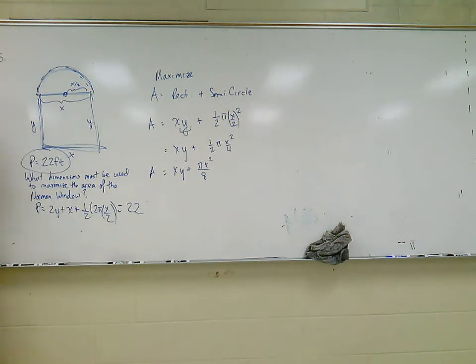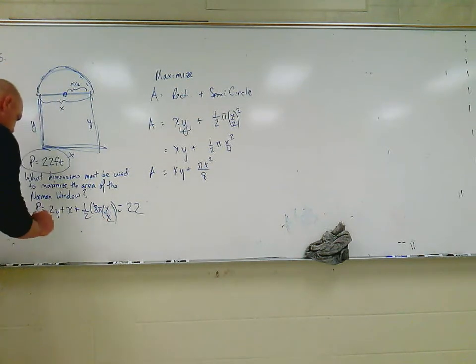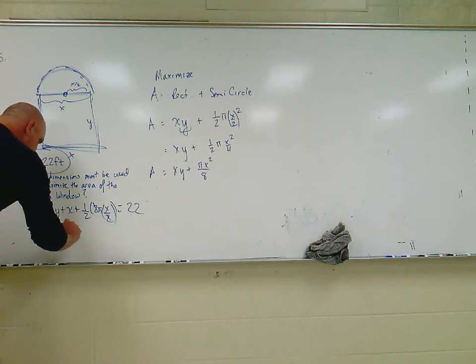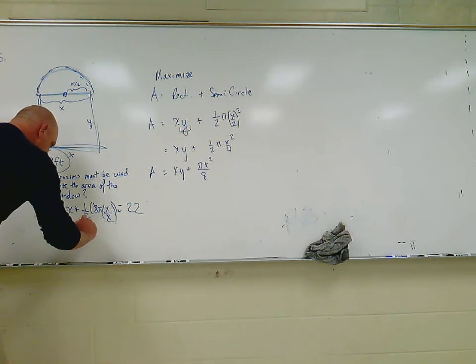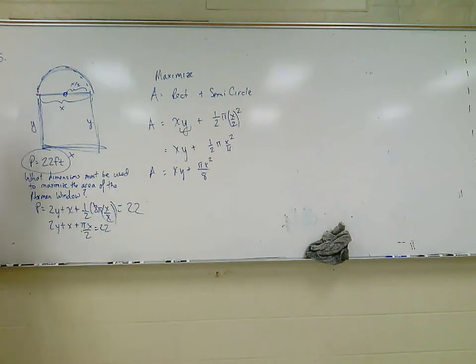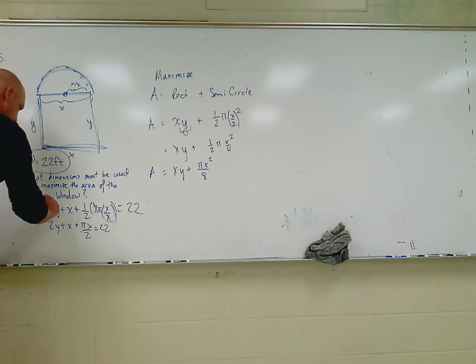So that goes in for the radius right there. Okay, so now let's start making whatever simplifications we can. So I would cancel these two x's. So I have 2y plus x plus pi x times 1/2, which is over 2, equals 22. And I'm going to just move these two to the right hand side and divide everything by 2, and that's my y. Any questions on what I've done? So this is the perimeter of the rectangle.